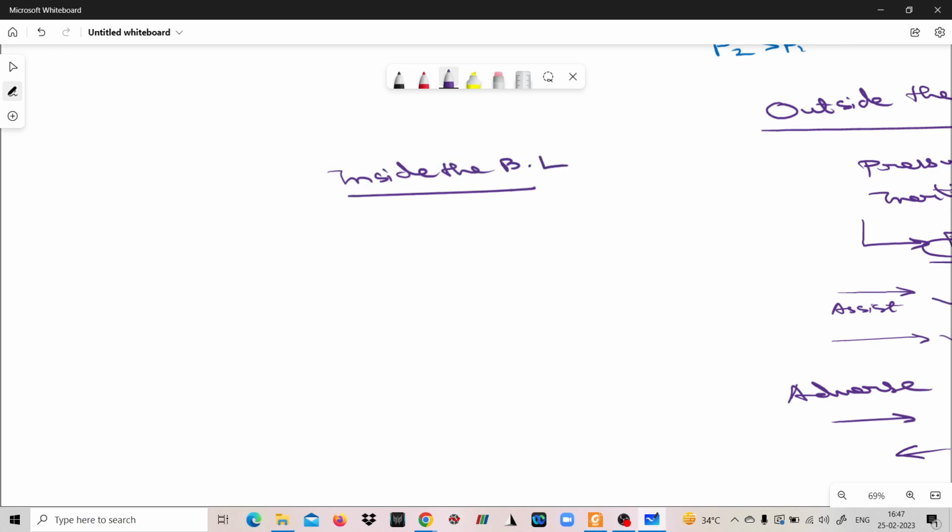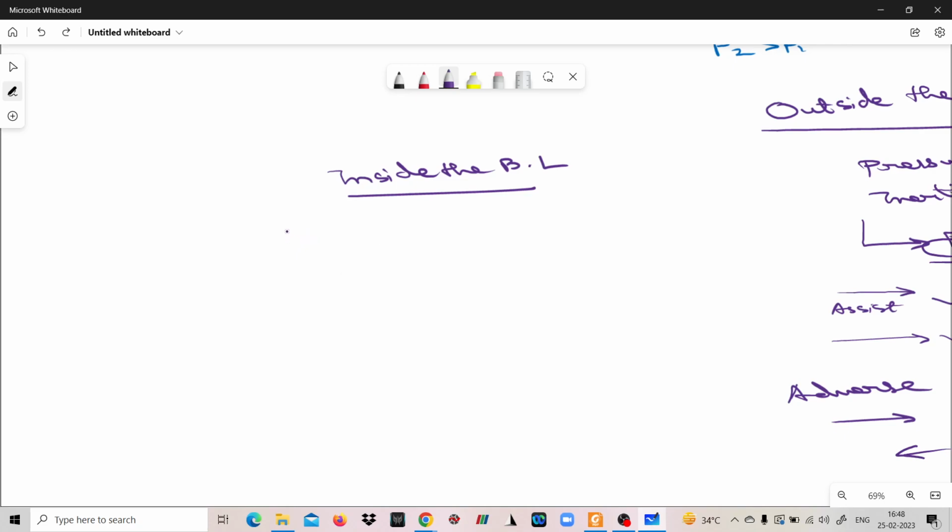Now inside the boundary layer, before that, what are the forces that are acting? One is the force due to streamwise acceleration, the inertial force Fi.